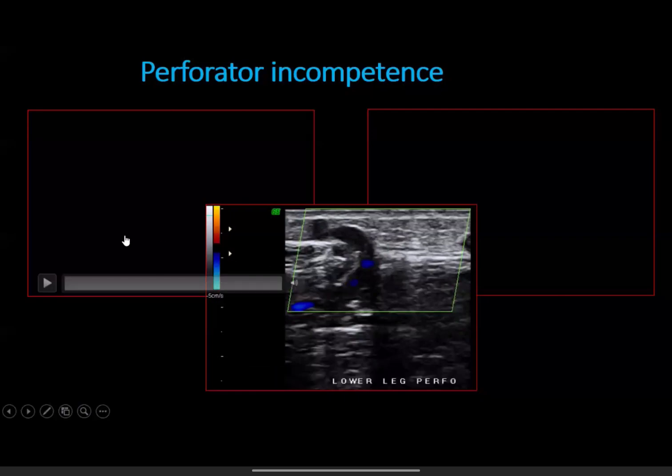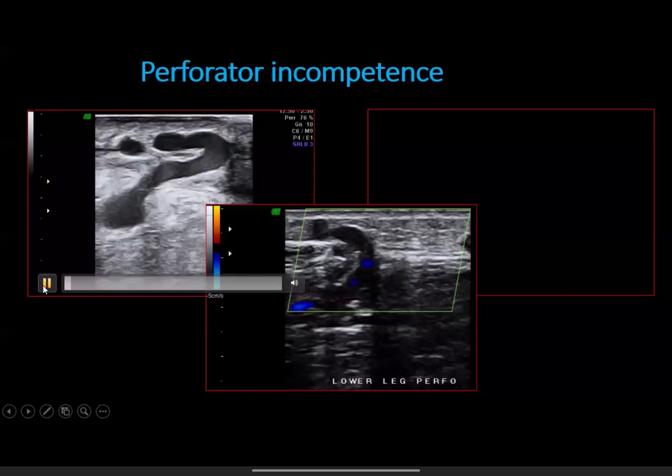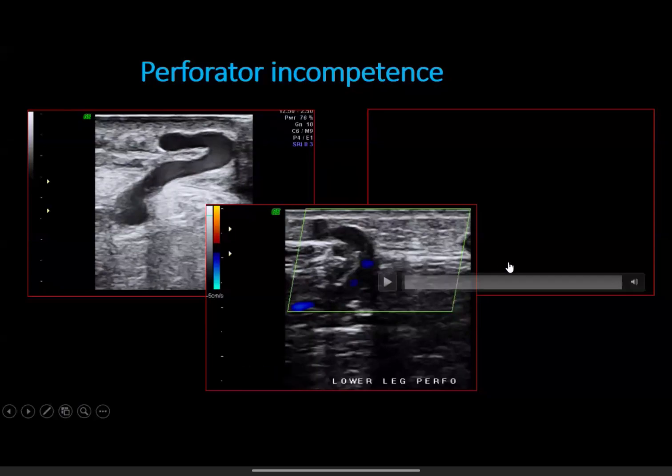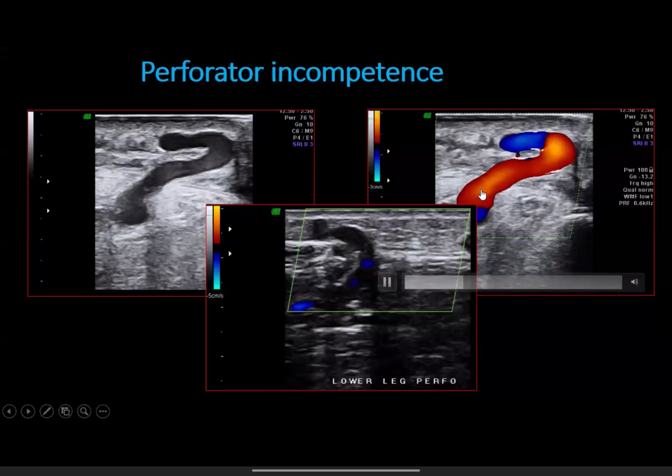Now let us take this example of again incompetence. I am examining a perforator. On B mode we can see to-and-fro movement of the blood, significant reversal on B mode. There is reversal of the flow through the perforator.